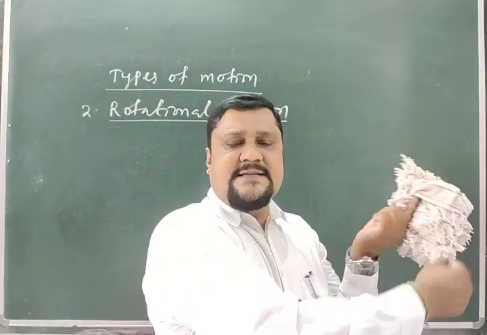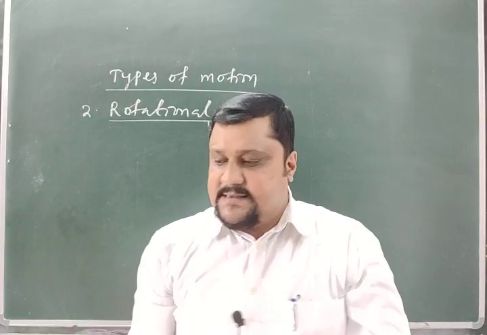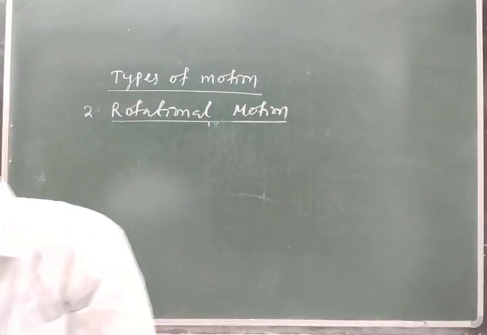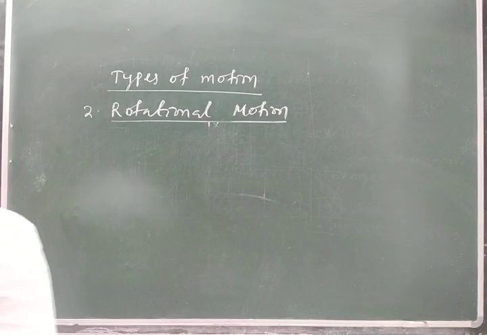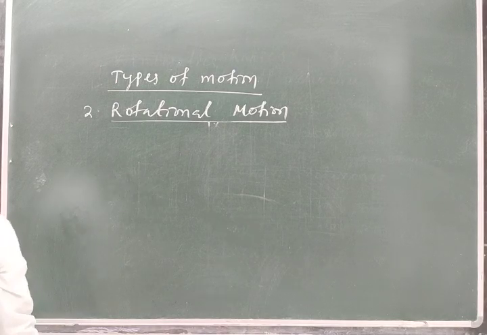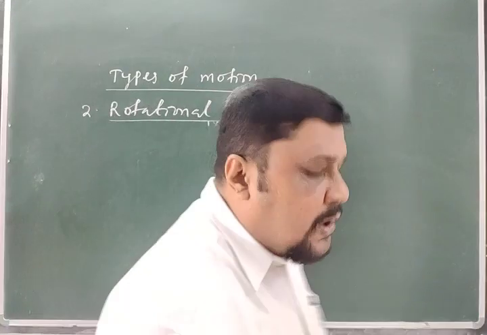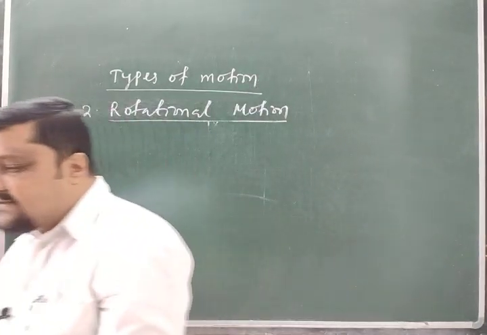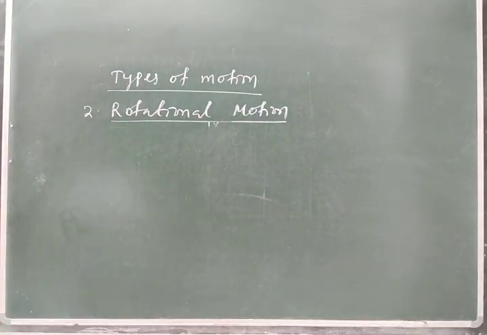The orientation can change, but the distance does not. Okay. So during the rotational motion of a body, there is a change in the orientation of the body, while there is no change in the distance of the body from the axis of rotation. So that is the rotational motion.